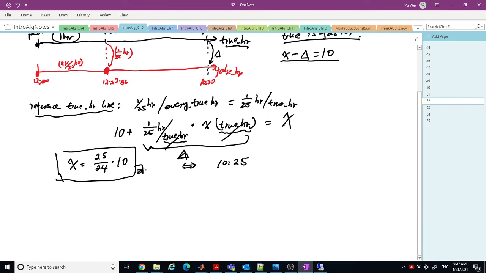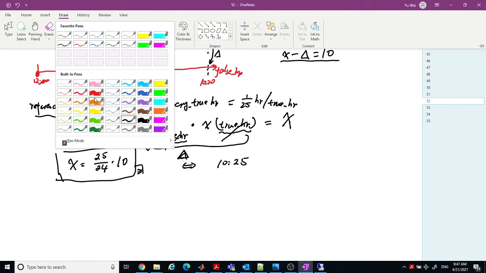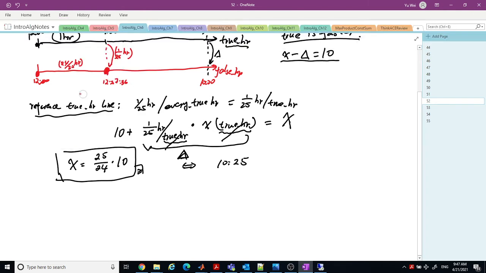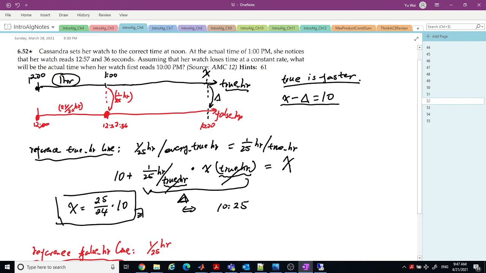Okay, now let's do the second one. I will use the red color because we can also reference to the 4th hour line. When we reference to the 4th hour line, it means we are losing 1/25 hours for every what? For every red segment, right?